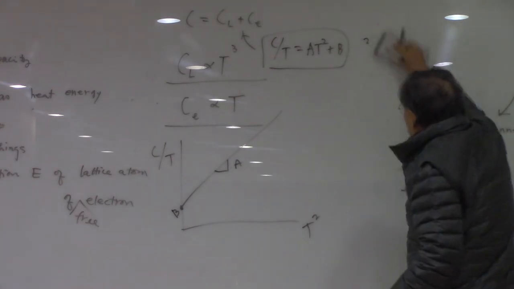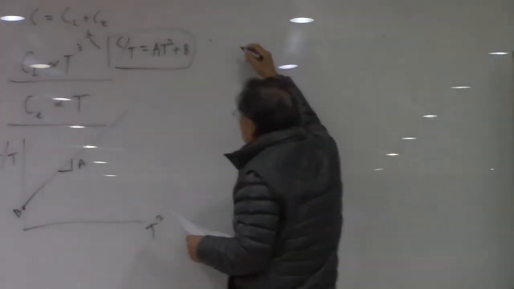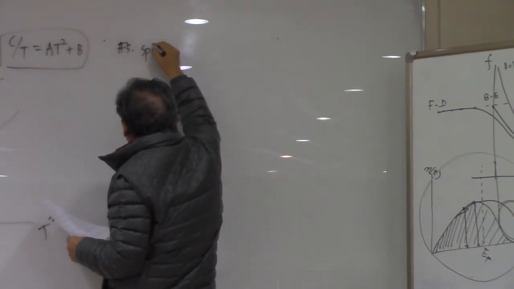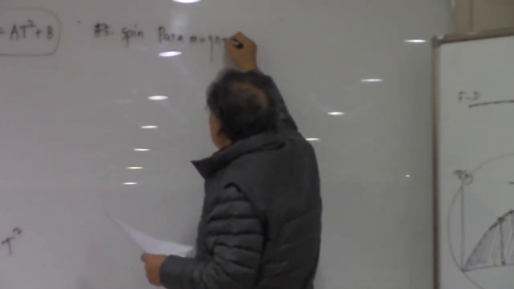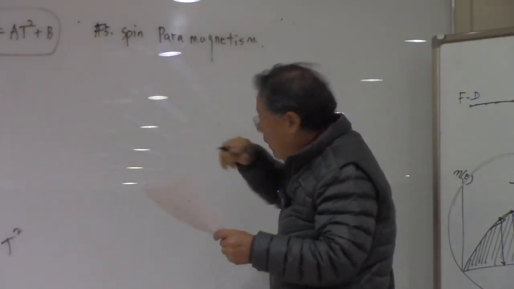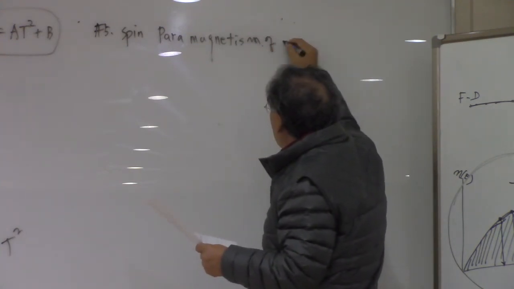Okay. Finally, number 5, the spin paramagnetism of the free electrons. Again, we are talking about the metal system.